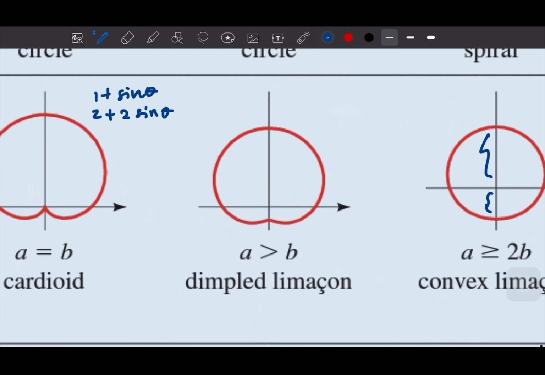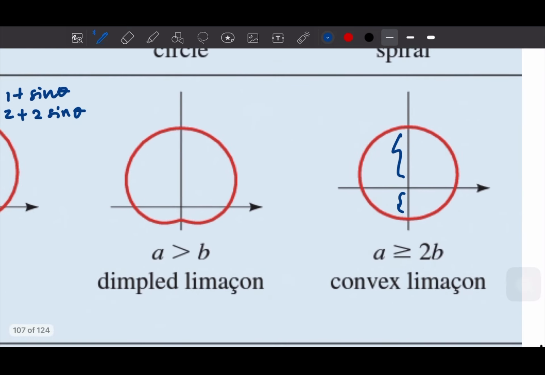And then when you have the convex limaçon, it's like a circle, but it has different proportions. You just need to look at this ratio for A and B. I think that's the best way I can explain.